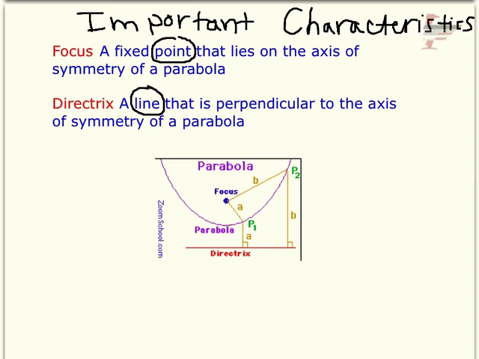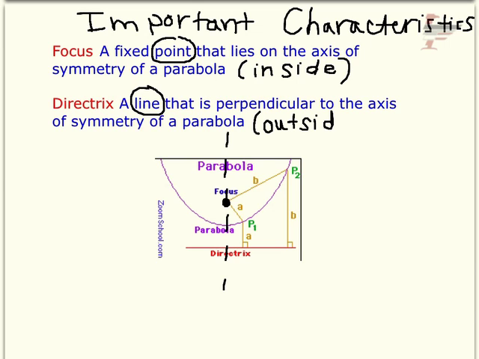So the focus is a fixed point that lies on the axis of symmetry of a parabola, and I'm just going to draw in here the axis of symmetry. Remind yourself that that cuts the parabola in half symmetrically. The focus point, which is right here, will always be inside the parabola, and will lie on the axis of symmetry. Then the directrix is a line that's perpendicular to the axis of symmetry, and that is always outside.